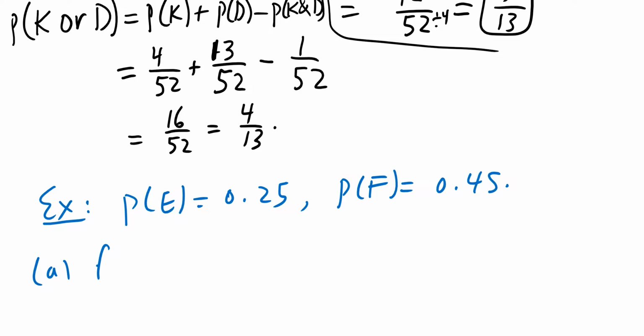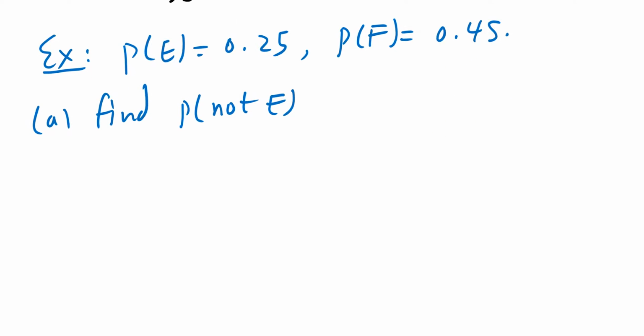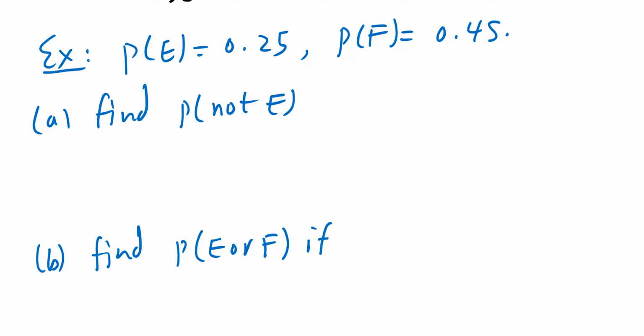Part A, find the probability of not E. Part B, find the probability of E or F if the probability of E and F equals 0.15.